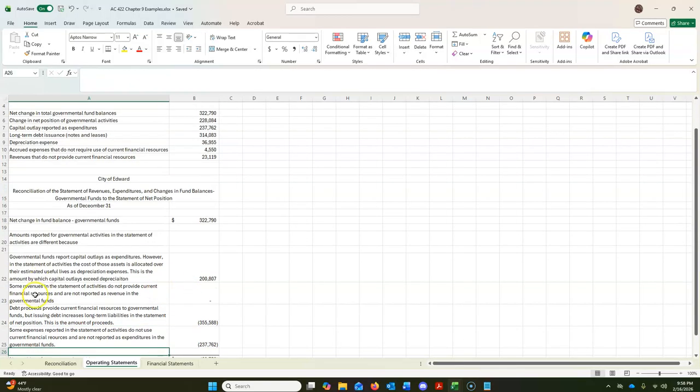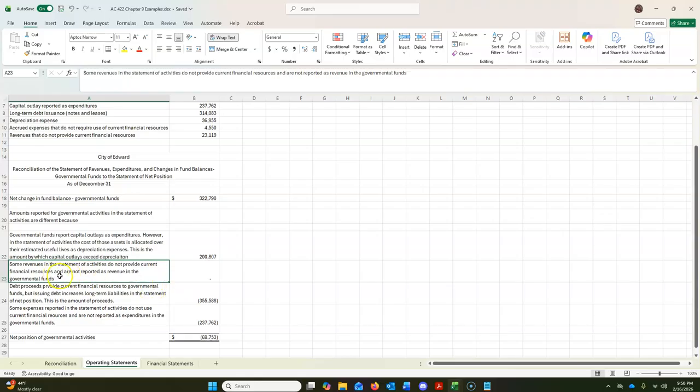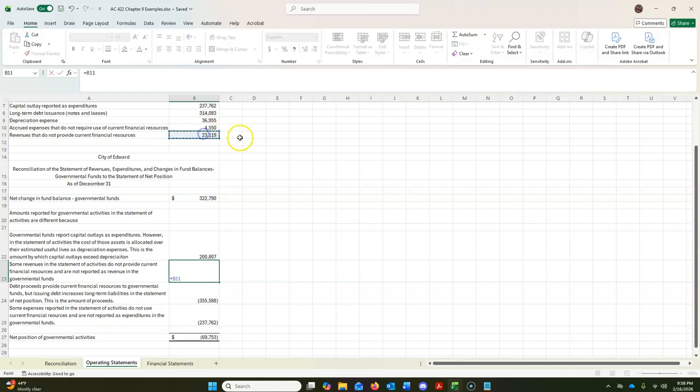Our second item: revenues in the statement of activities do not provide current financial resources and are not reported as revenue in the governmental funds. So we have revenues that do not provide current resources, $23,119.